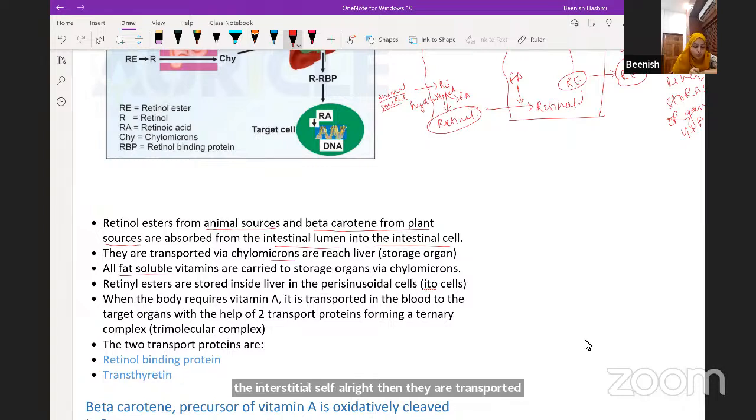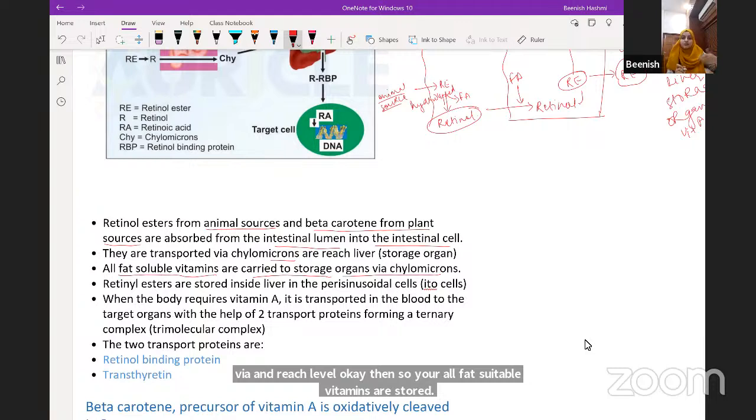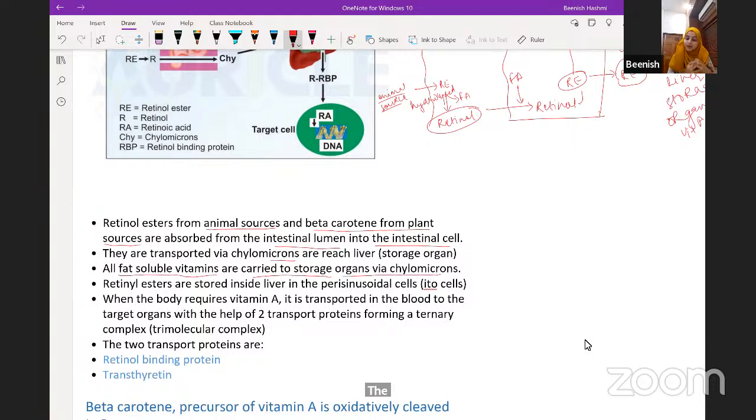Then all your fat soluble vitamins are carried to storage organs via chylomicrons. Like I explained to you earlier, all your exogenous TAGs were being carried from the intestine via chylomicrons. Similarly, vitamins are fat soluble and not water soluble, so they are also carried inside your chylomicrons.